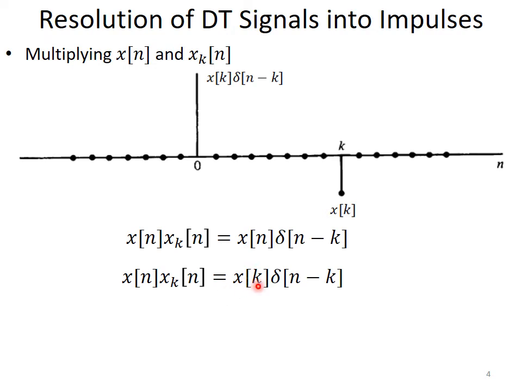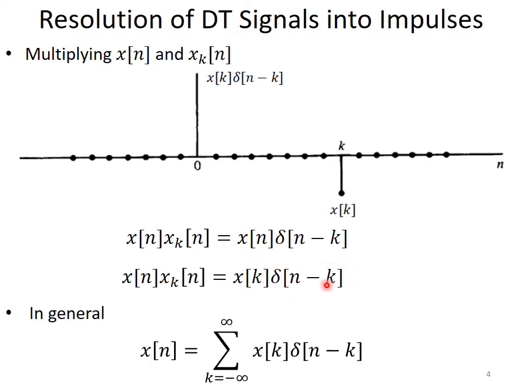It represents the amplitude of the impulse, and this is the impulse function shifted by k samples. In general, we can represent any signal in the form of impulses like this: x of n equals the sum over k from minus infinity to infinity of x of k times delta of n minus k. So x of k, let me remind you again, is the scaling function. It is a scalar which is multiplied with the impulse function.